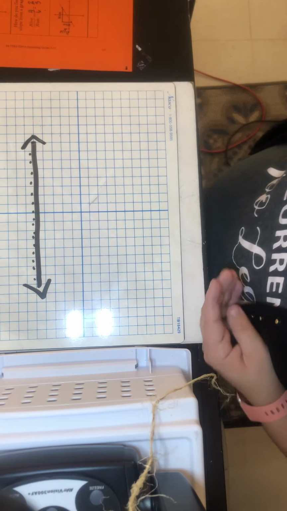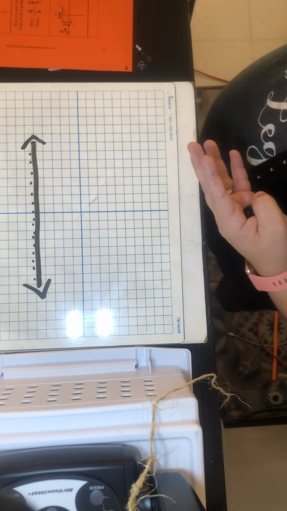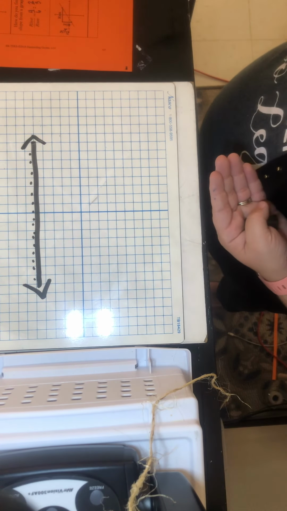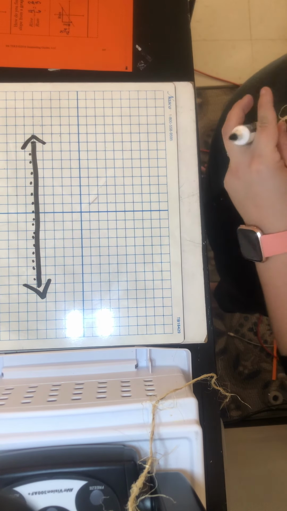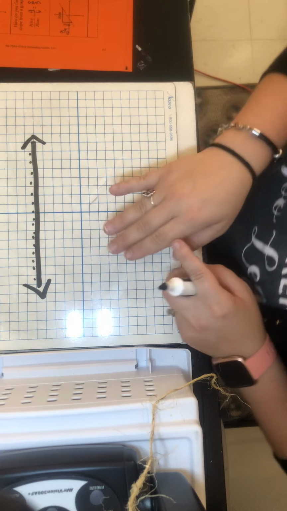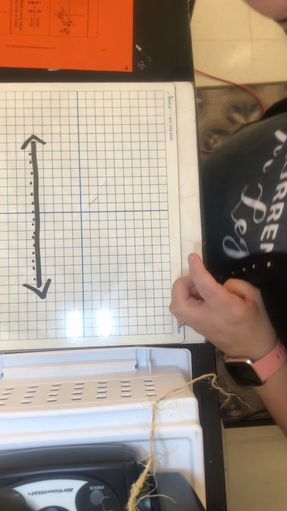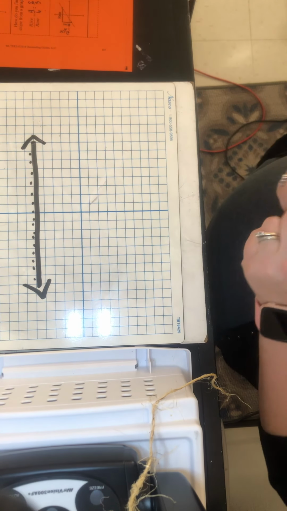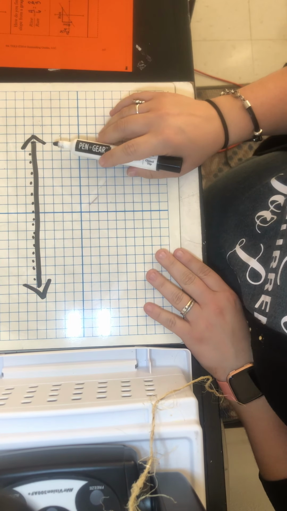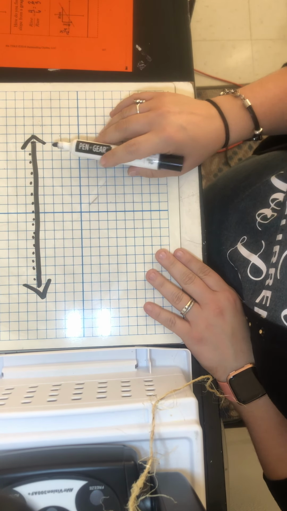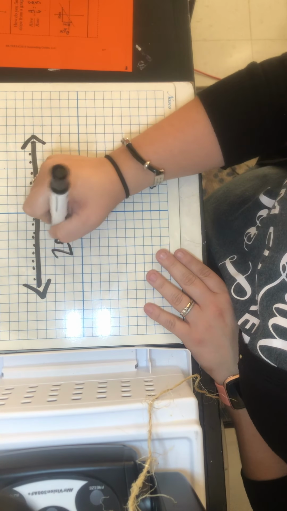No. There's no slope in the hallway. It's just a smooth, flat surface, like a table. There's no slope. Remember, slope is talking about things that are increasing or decreasing. So when you see something like this, and we are not going up or down, then this makes a zero.